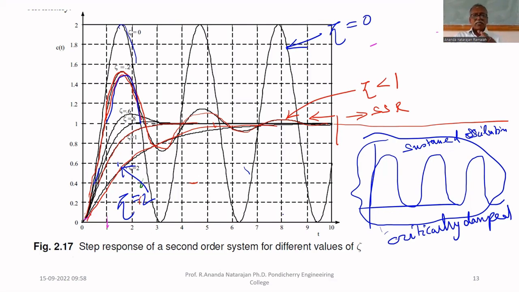So by using damping we can name the four responses: over damped, critically damped, under damped, and undamped, which is sustained oscillation. Damping means the amplitude decreasing. With no damping, it is the undamped response. These are the four responses we have seen.